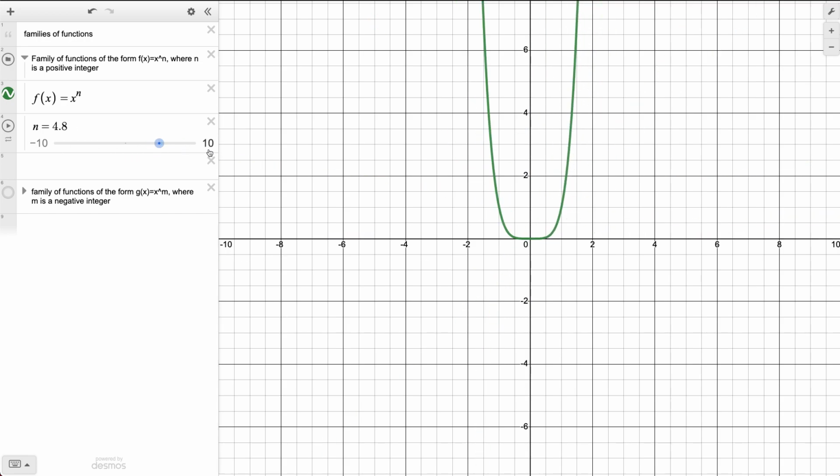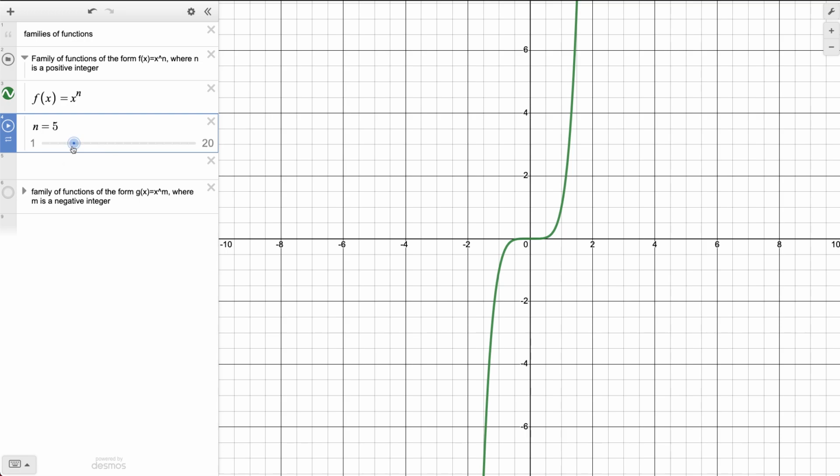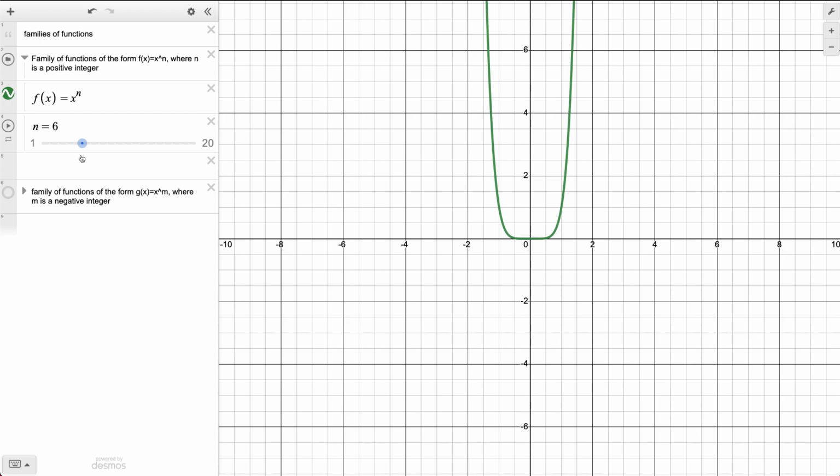So this is the range set for the slider. And so I set the range to be a minimum of 1. And I decided to go ahead and make the maximum 20. And I said step by 1. Okay, so that means that I'm not going to get any fractional exponents. Okay, so this is one way to represent this family of functions, but it requires some animation.